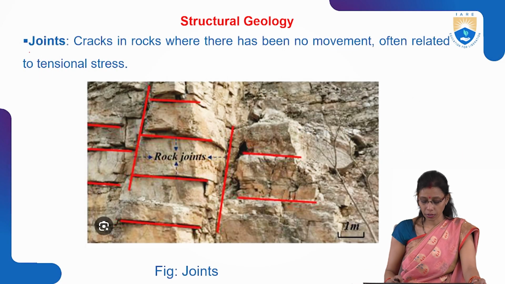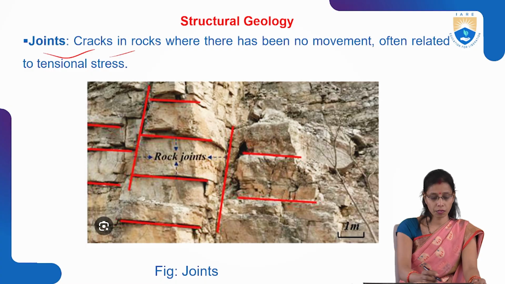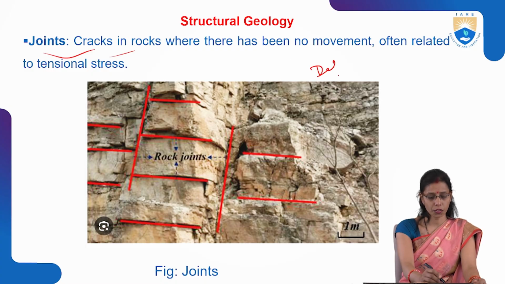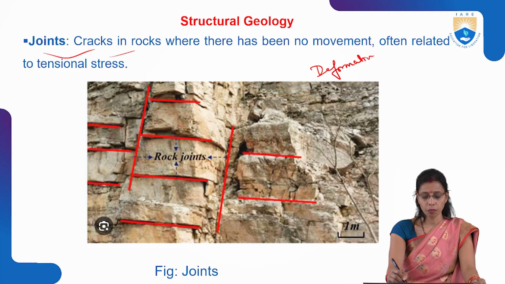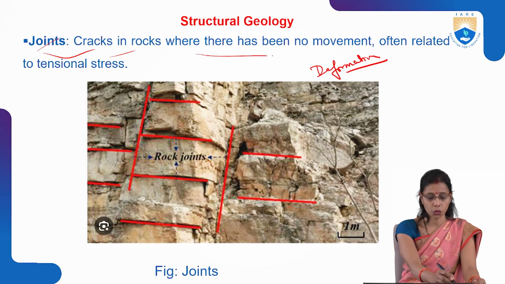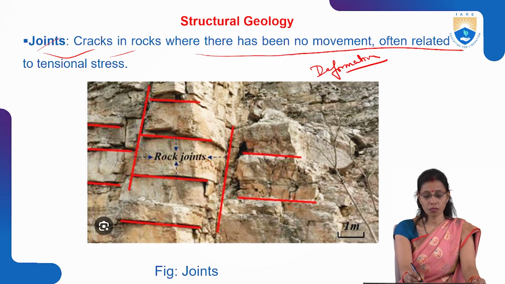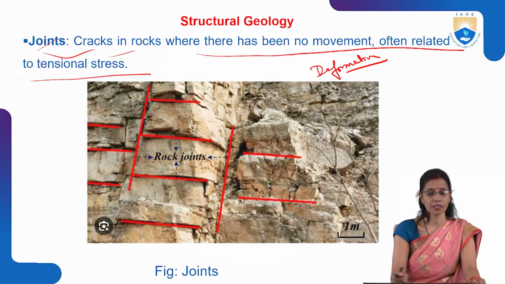Again, one more type of structure we have in structural geology is the joint. This is also formed by the deformation process. Joints are cracks in rocks where there has been no movement, often related to tensional stress.